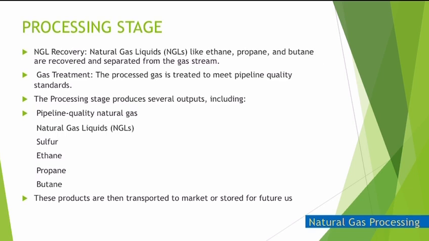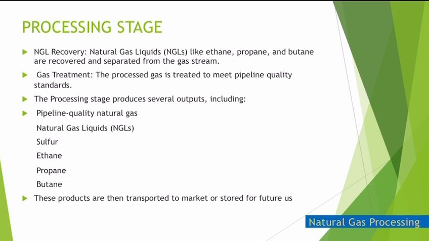Continue with the processing stage. That's NGL recovery. Natural gas liquids, NGLs for short, like ethane, propane, and butane, are recovered and separated from the gas stream. Gas treatment stage. The processed gas is treated to meet pipeline quality standards.